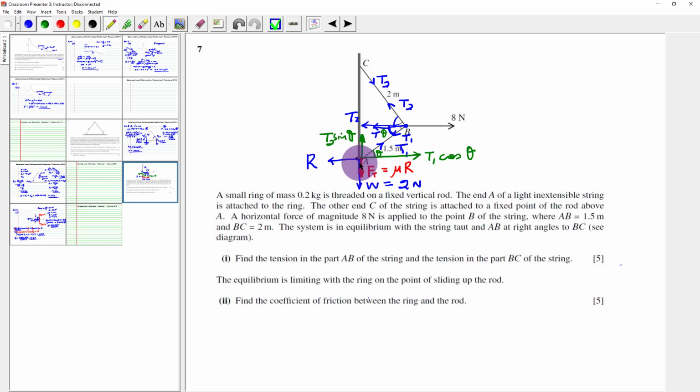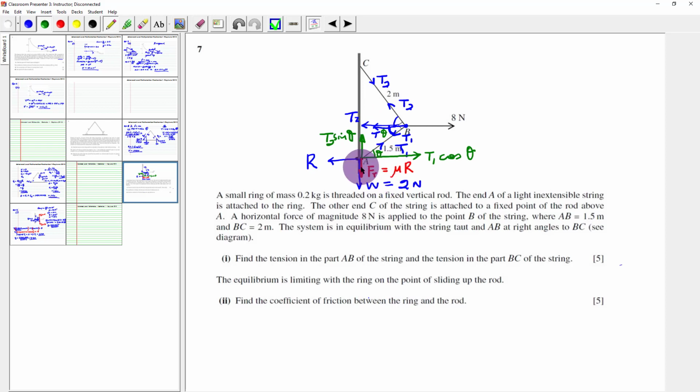So, have we shown all the forces which are acting at this point? I think we have. There is the weight of this ring, and since it is in the vertical direction, there is no need of resolving that. The normal component of the contact force is in the correct direction. There is tension in the string AB, which we labeled T1. I've resolved it horizontally and vertically.